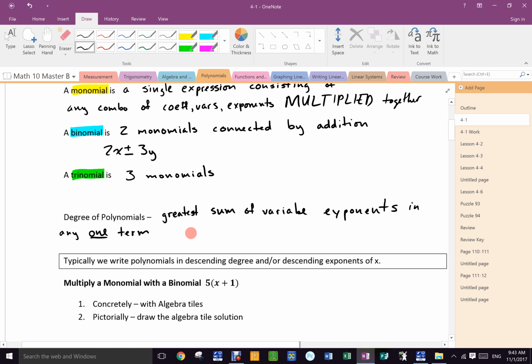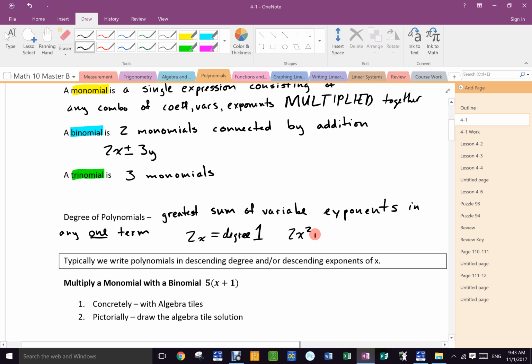So, 2x. What's the only exponent in that monomial? 1. Because we don't write the exponent of 1, yes? So this guy is a degree 1. Everybody cool?